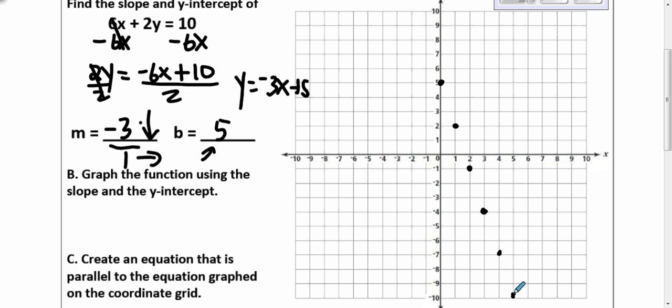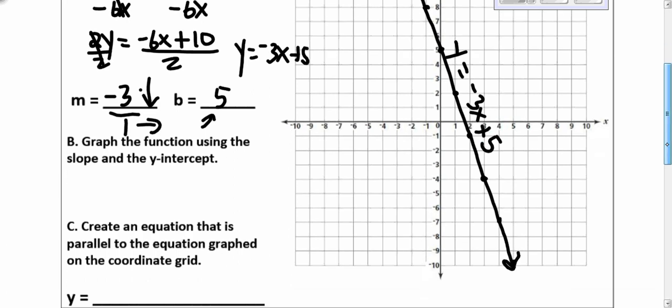To get some more points, 1, 2, 3 up to the left 1. And that's all you could do. Go ahead and connect all of those points. And don't forget, put arrows on each end and label y equals negative 3x plus 5. You always put the y equals mx plus b equation on that line.